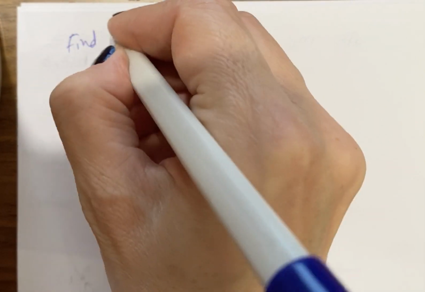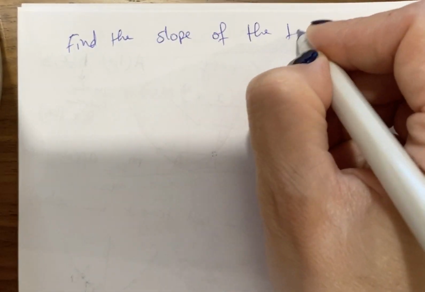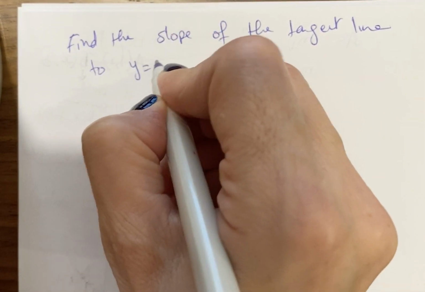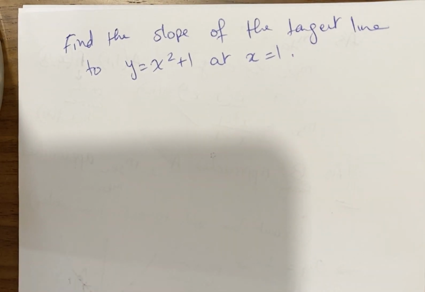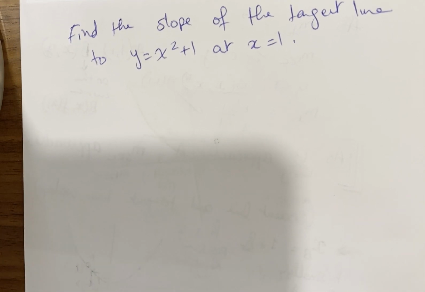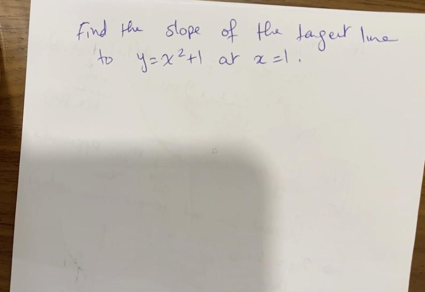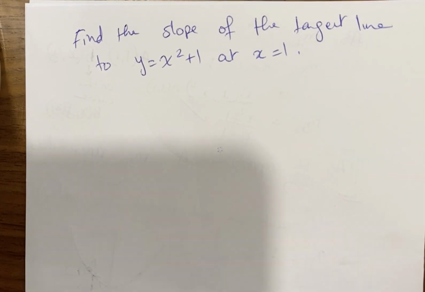So for example, find the slope of the tangent to the function at x equals 1. Alright, this is what we want to find: the slope of the tangent line.